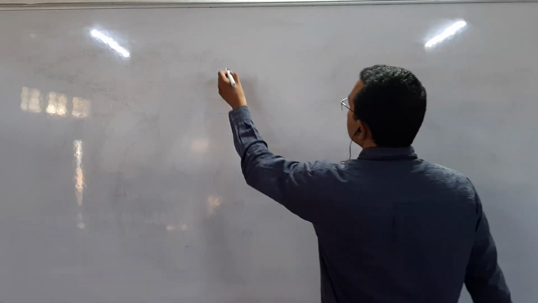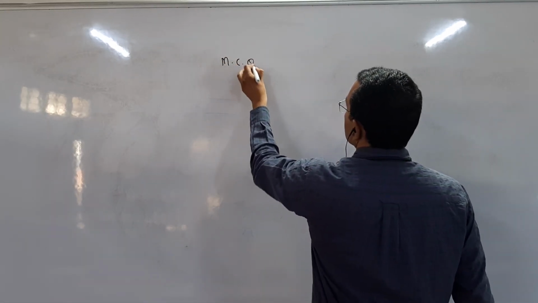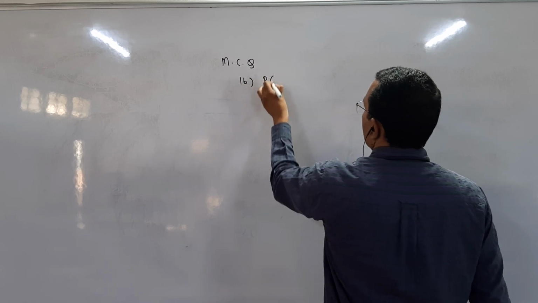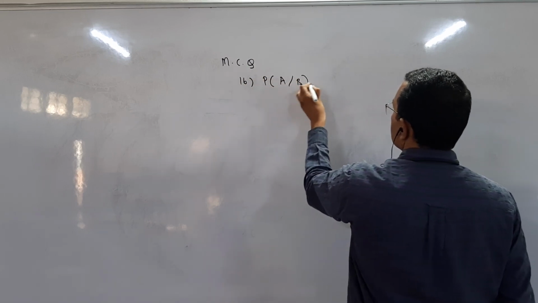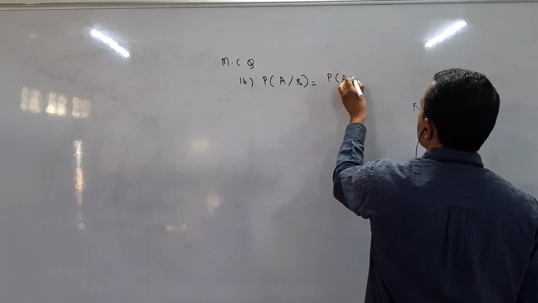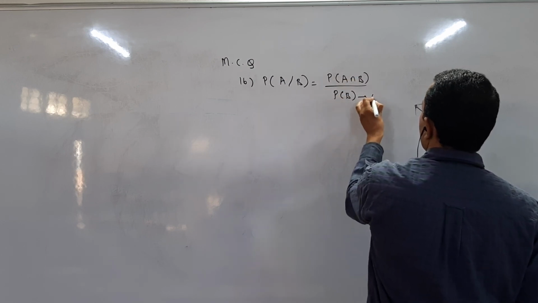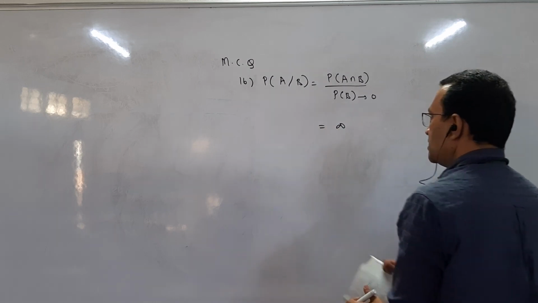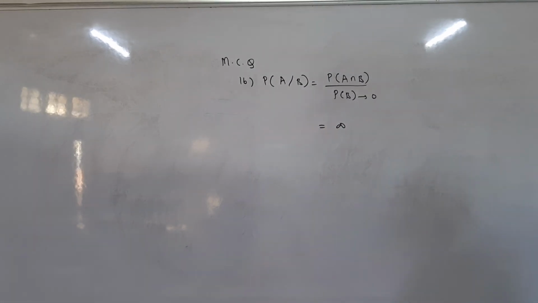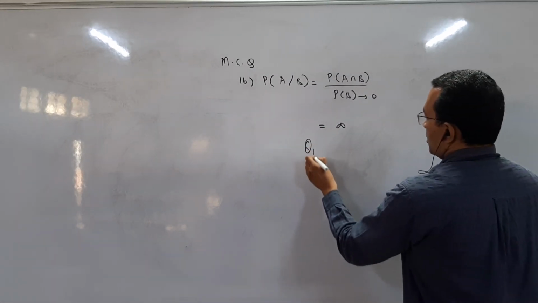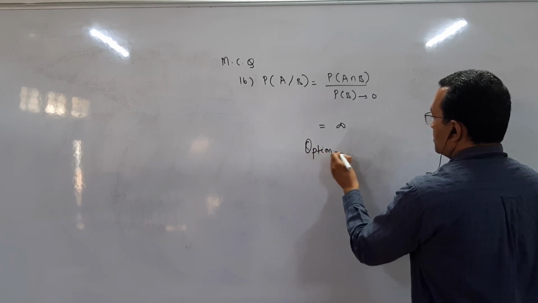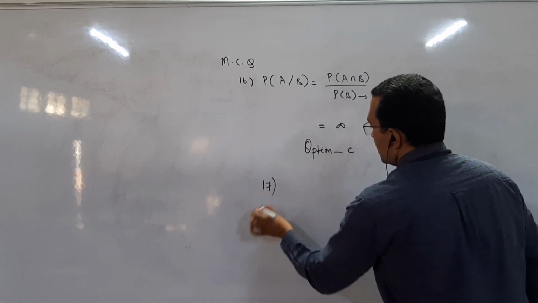Now no need of calculation. P of A given B is P of A intersection B upon P of B. And if P of B is 0, this is undefined. So the correct option is option C.